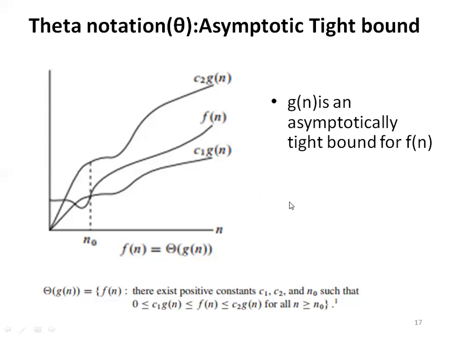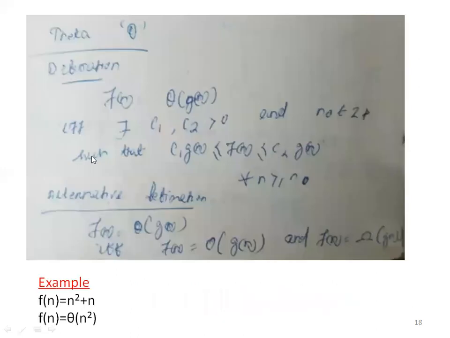So for theta notation, the asymptotic tight bound, the f(n) function lies in between c1 into g(n) and c2 into g(n). It is greater than c1 into g(n) and less than c2 into g(n) starting from this n0 value. This is the definition of theta notation.